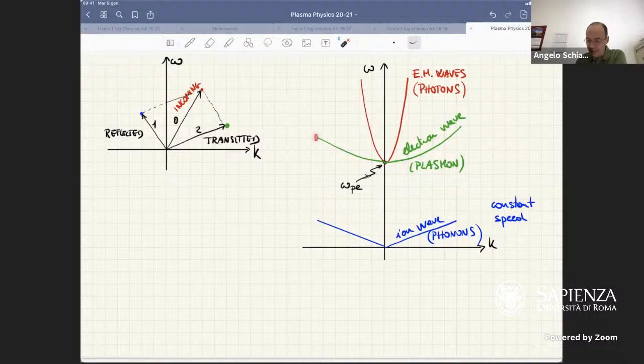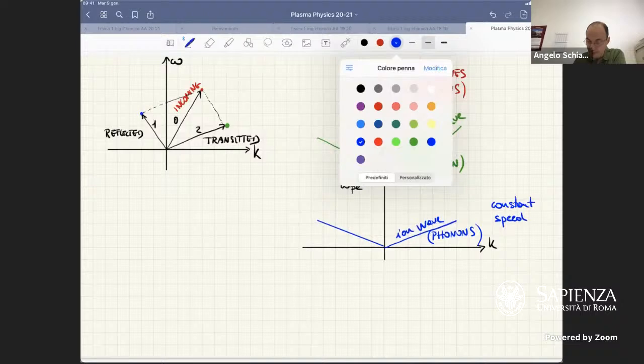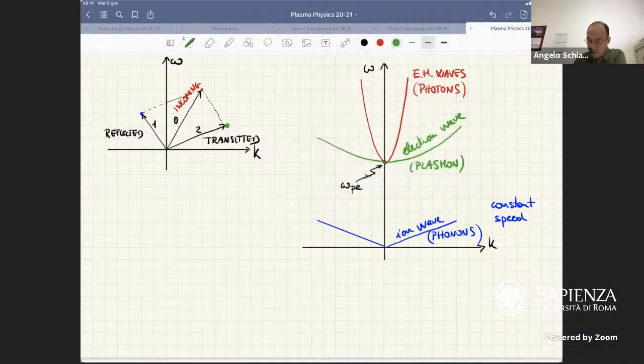Instead, if we look at the plasmon, at electron waves, we see that they have a very high frequency, and they are almost all around the same frequency. So we can think of them as constant frequency. We put it in quotes because it's not constant, but it's slowly changing, constant frequency waves.